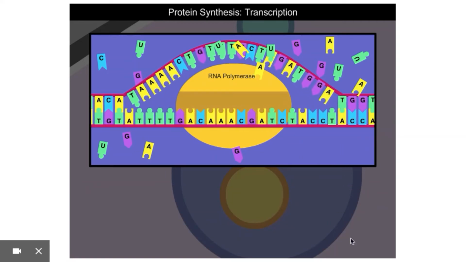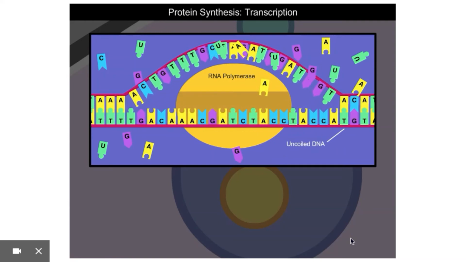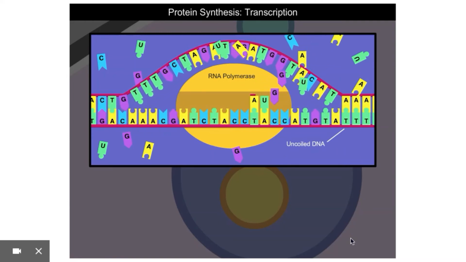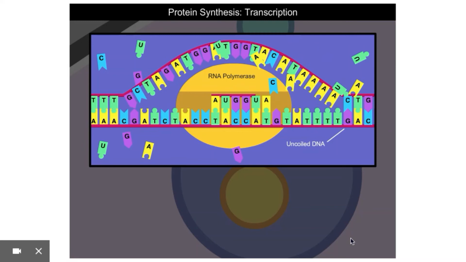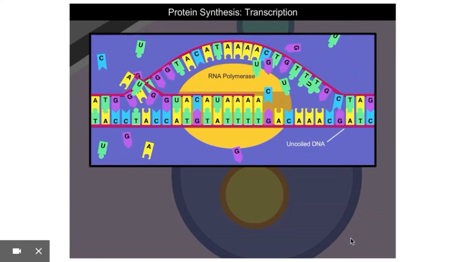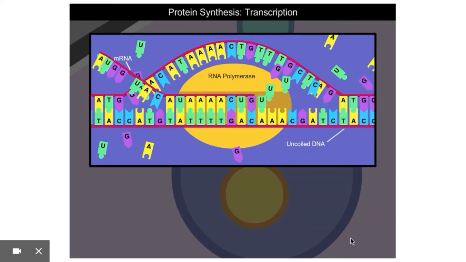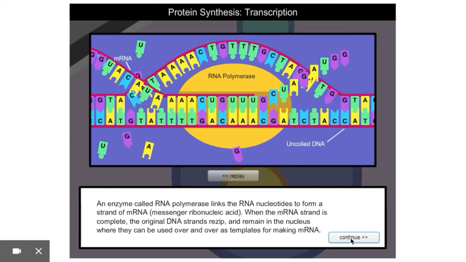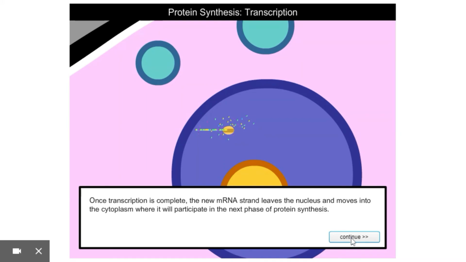So as you see here, the adenine joins to the thymine, and so on. As they join in, they form a strand of RNA, which is called mRNA. Basically, the DNA gene is copied into mRNA.